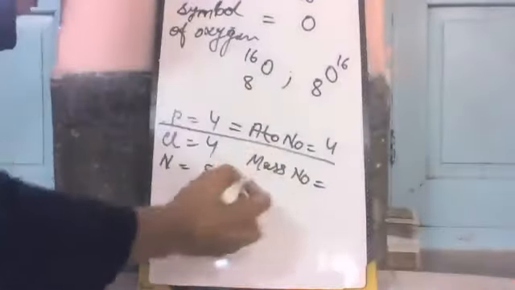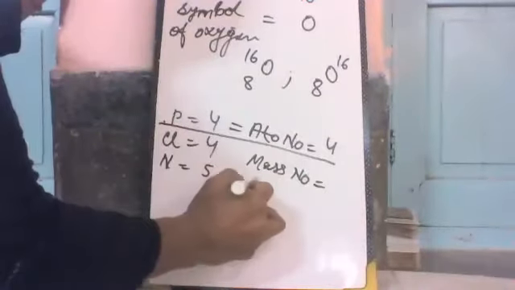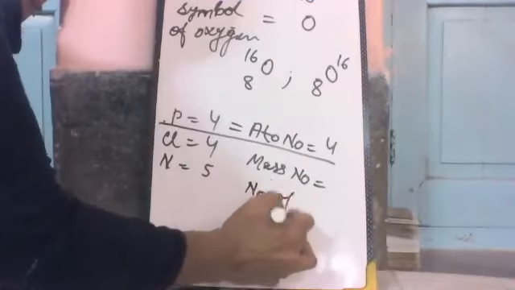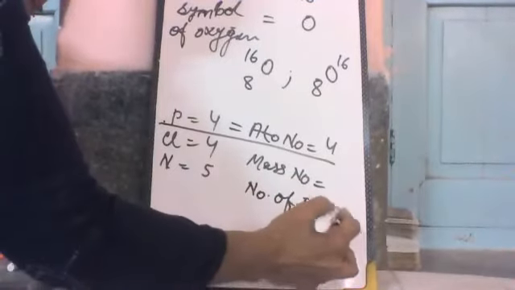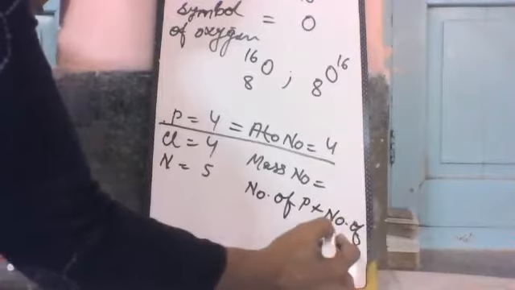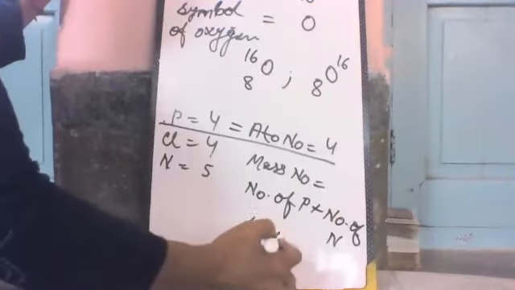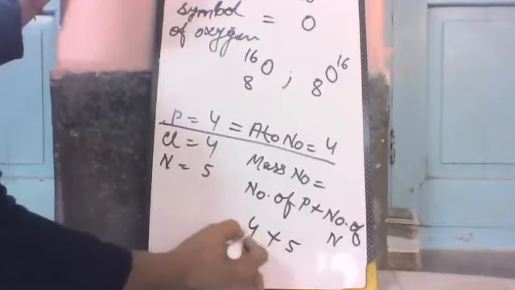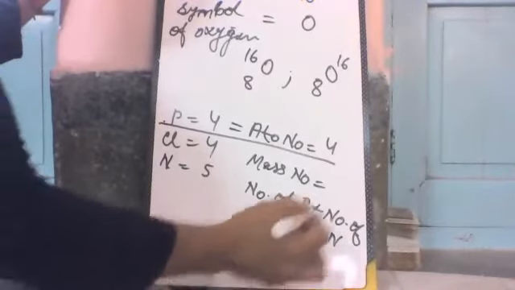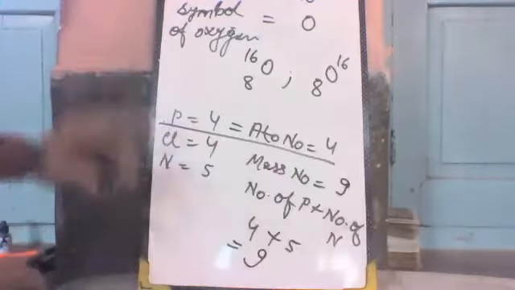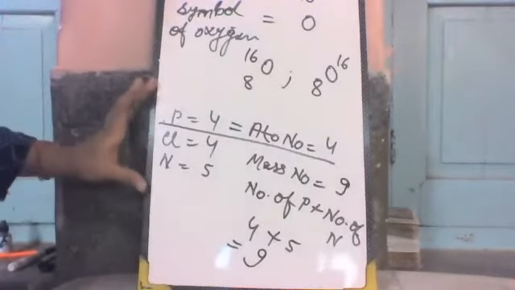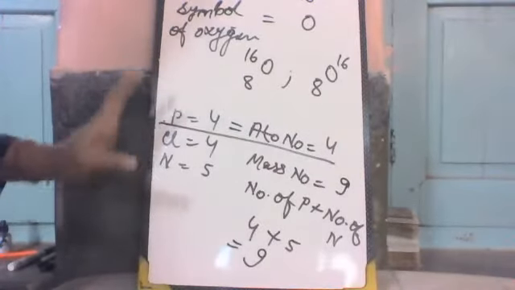Then the mass number is equal to the number of protons plus the number of neutrons. Number of protons is 4 and number of neutrons is 5. So the mass number is 9. This is the way to calculate the number of neutrons, protons, electrons and mass number.